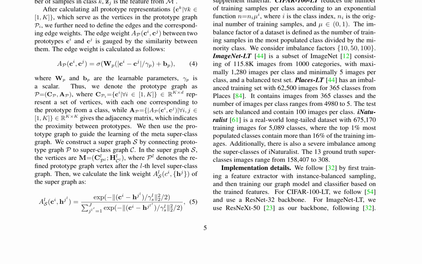The link weight of the supergraph is calculated using a softmax function to ensure that the total weight of edges between the prototype graph P and the superclass graph C is equal to 1.